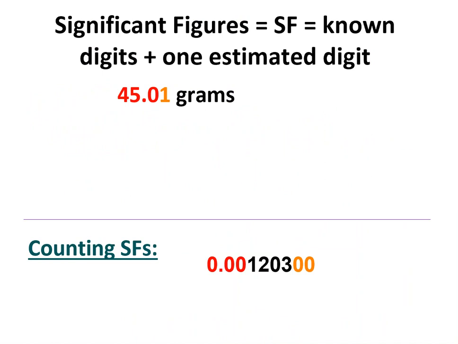So the first thing I need to give you is a definition of significant figures. And we've kind of already said this. Significant figures are all of those that are known with certainty plus one that is estimated. So the last one on the right can be estimated.